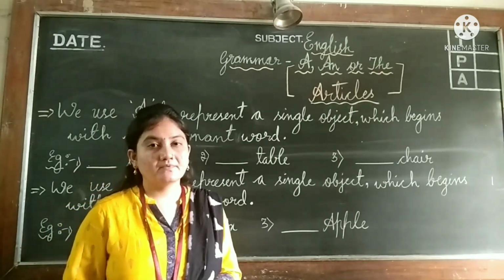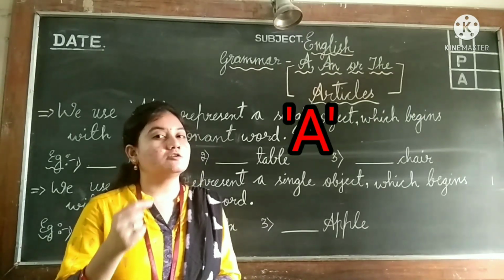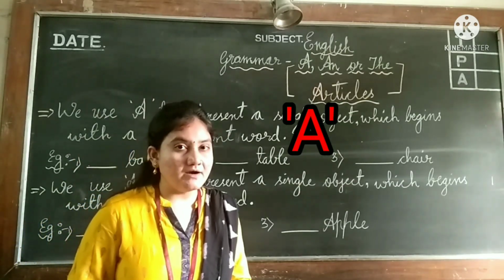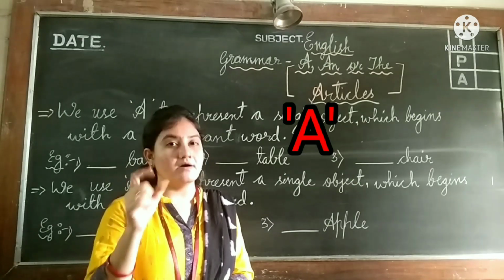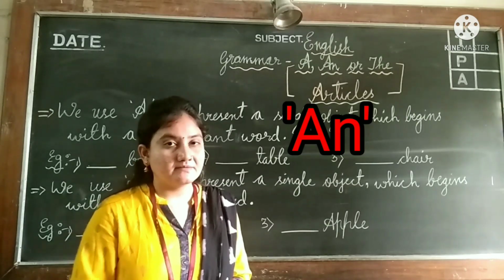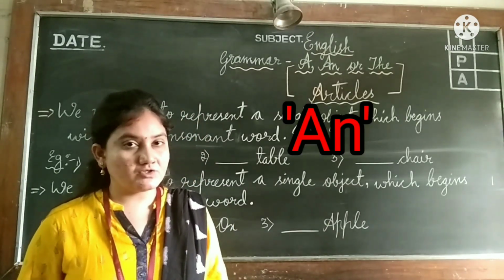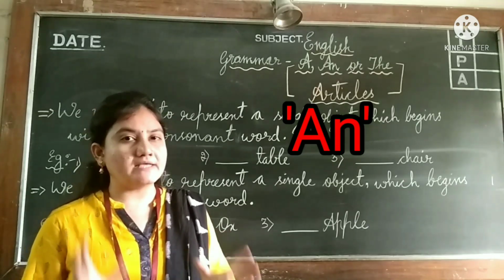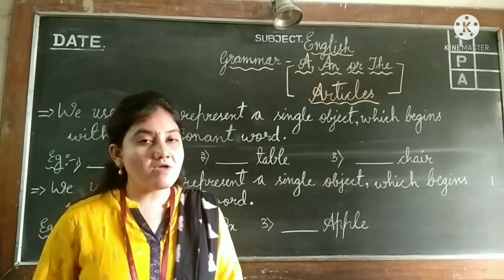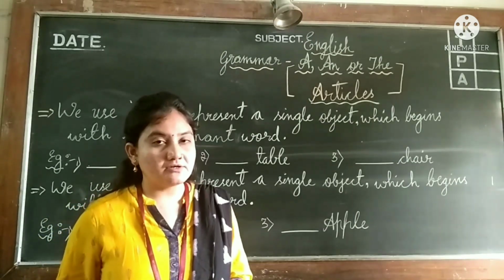First, we use A before a consonant word. Second, we use an before a vowel word. I gave two examples in the last video, but in this video we will continue with the vowels and the consonants.